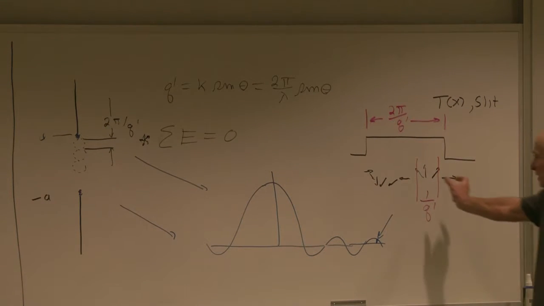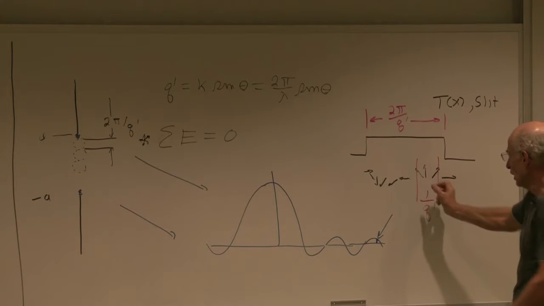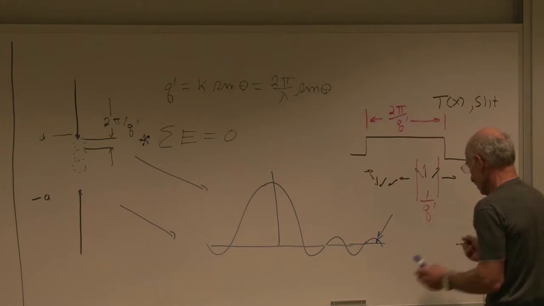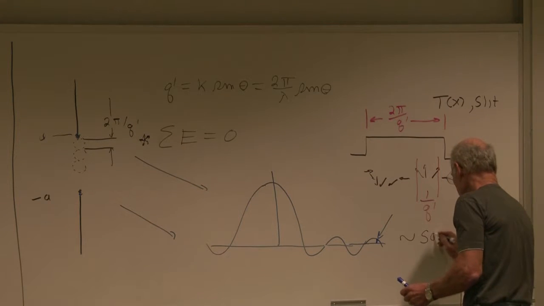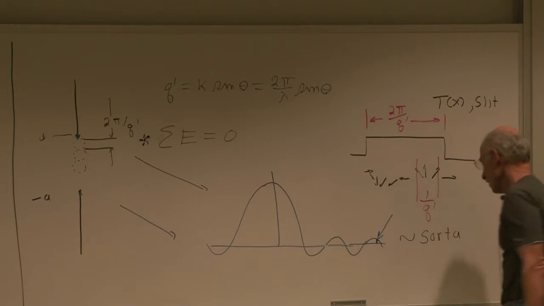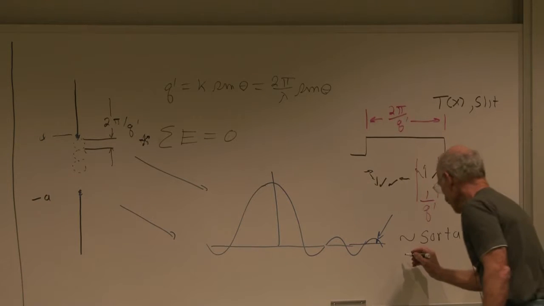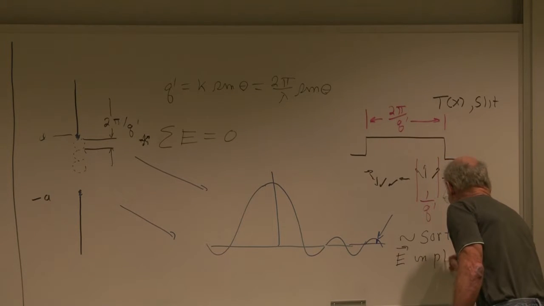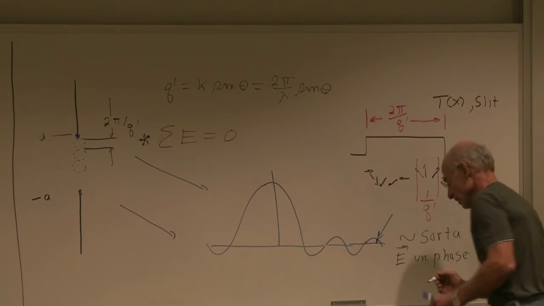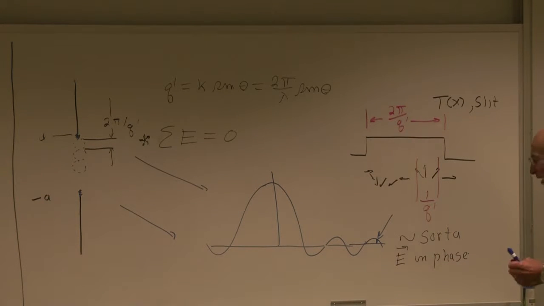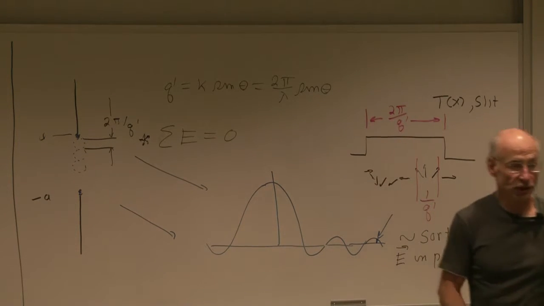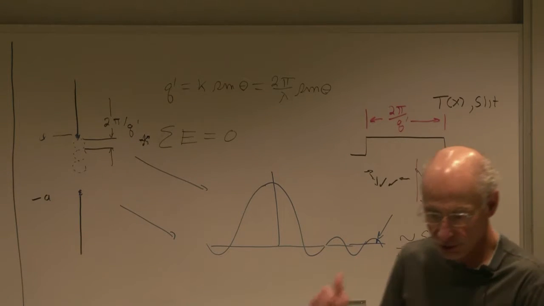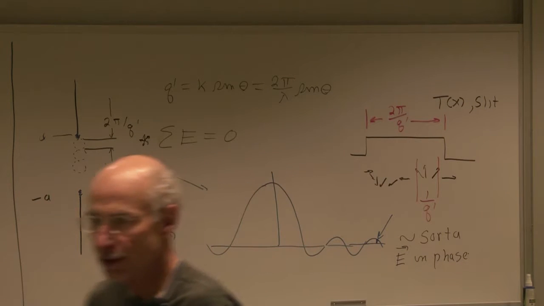So I'm taking about a sixth of this region, and in any sixth I sort of have the E phasors in phase, right about there. And I'm going to call those Q regions, not 2 pi over Q regions.